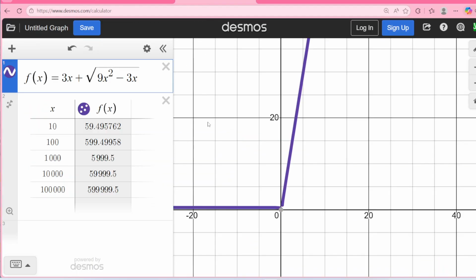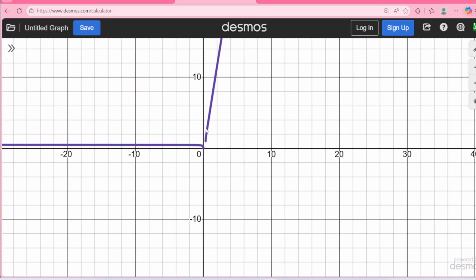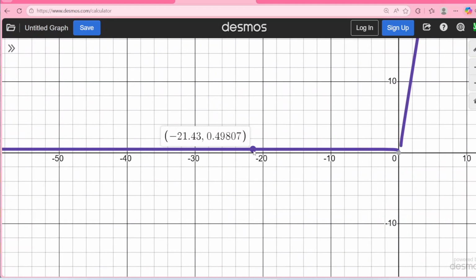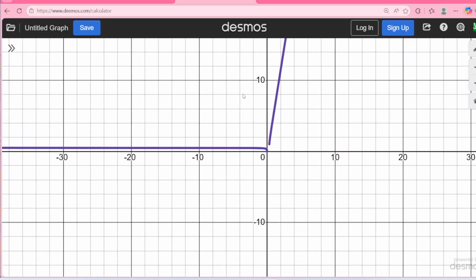But if you notice, the left end is not doing that. See the graph on the left, it looks like it's approaching a half. Go to the far left here. See how the outputs are 0.49 something, 0.498, 0.499. It looks like it's approaching a half on the left end.